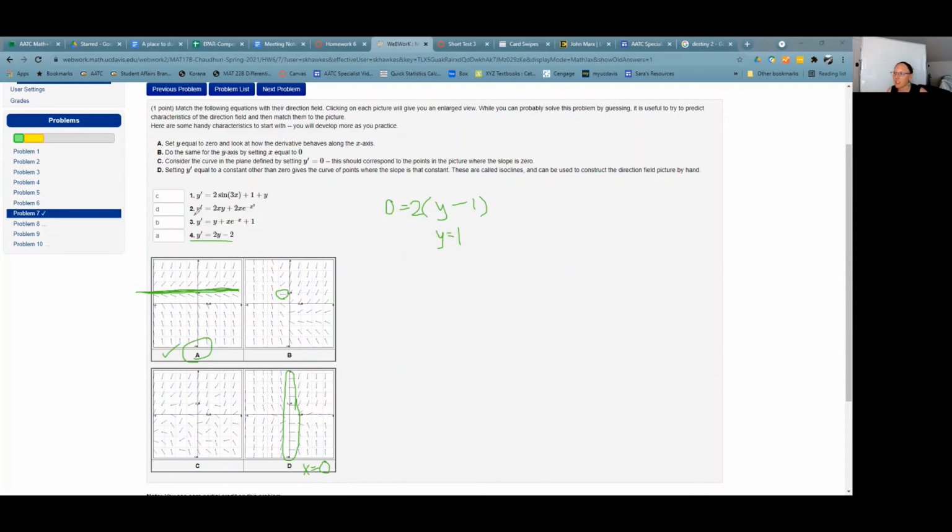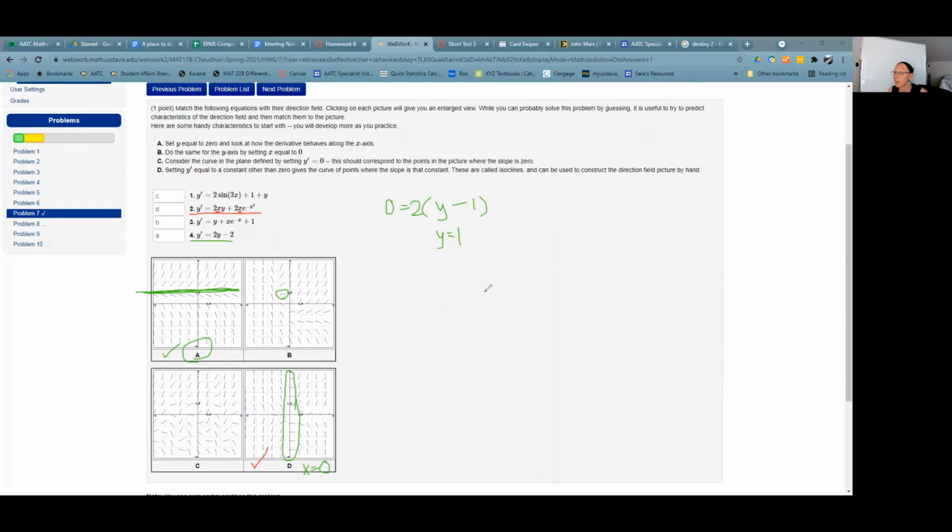And equation 2 for me is the one that's going to do that. For equation 2, if I plugged in 0 for x, the whole thing would go to 0. So I figured out D. Now I'm down to B and C, kind of a process of elimination here.